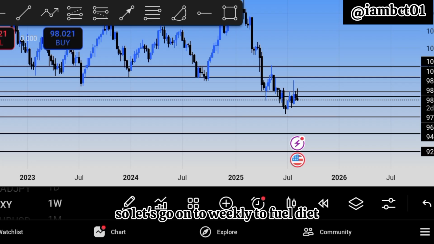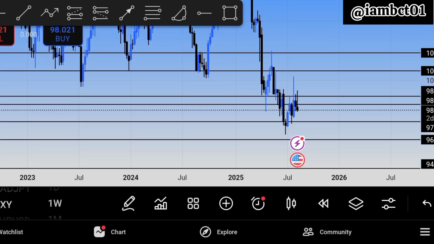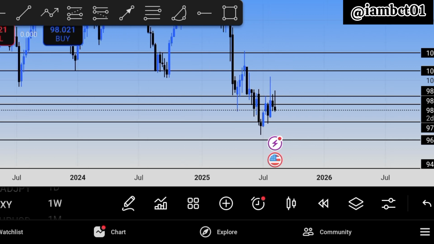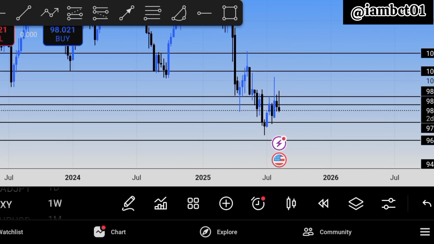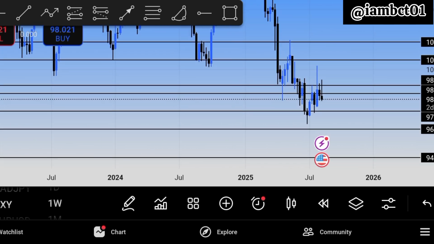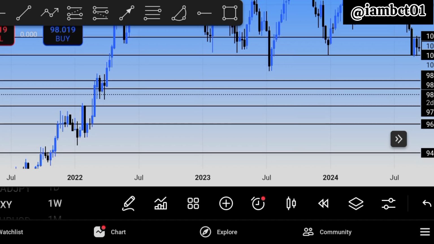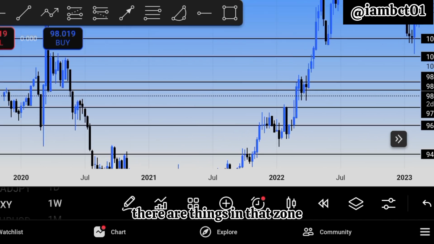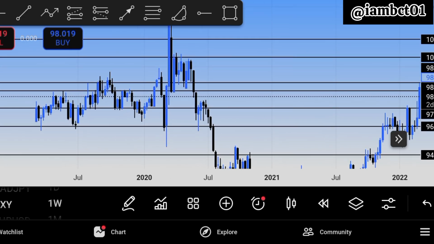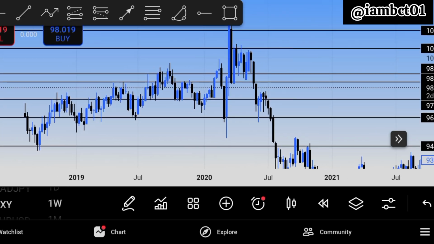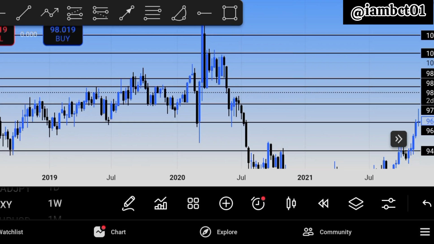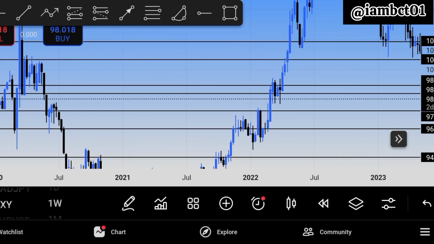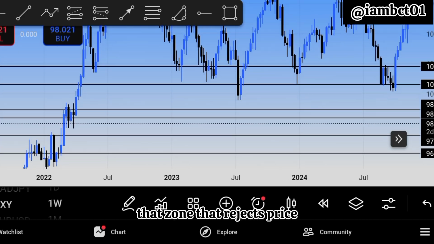So let's go on to weekly to filter it. There are things in that zone that get price.